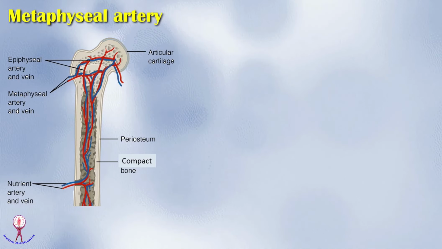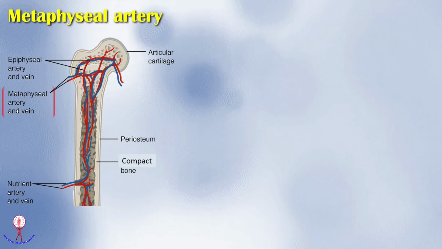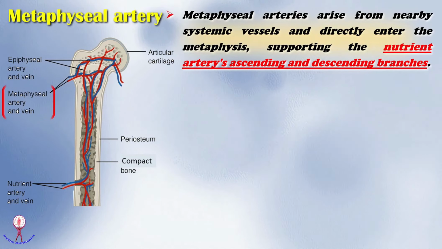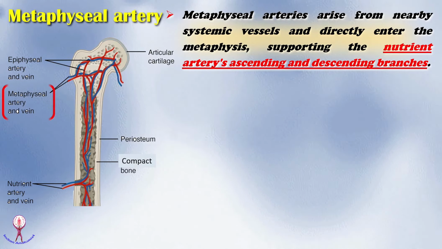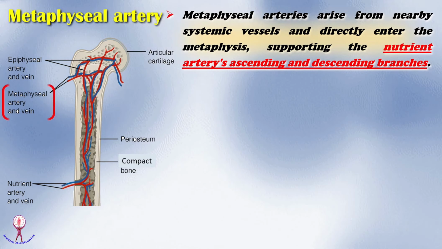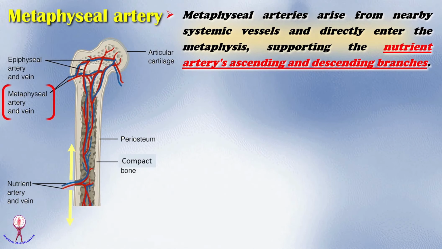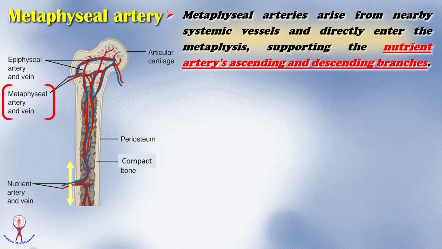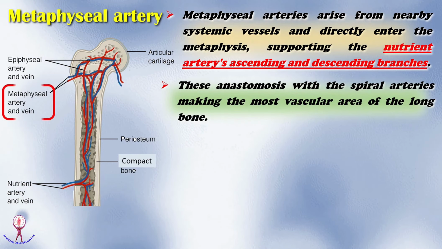Now, what are metaphyseal arteries? Metaphyseal arteries arise from nearby systemic vessels and directly enter the metaphysis. They support the nutrient arteries' ascending and descending branches. These anastomose, or form an arterial union, with the spiral arteries, making the most vascular area of the long bone.